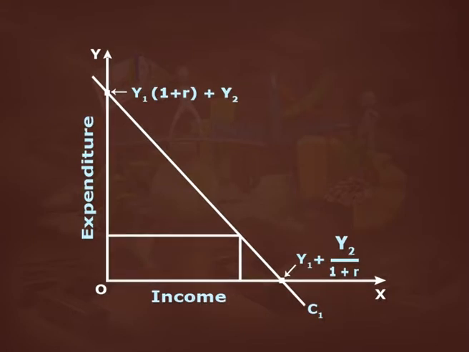The y-axis represents C2 and the x-axis represents C1. The straight line linear curve has 2 points, which cuts the y-axis at y1 into 1 plus r plus y2 and the x-axis at y1 plus y2 by 1 plus r.